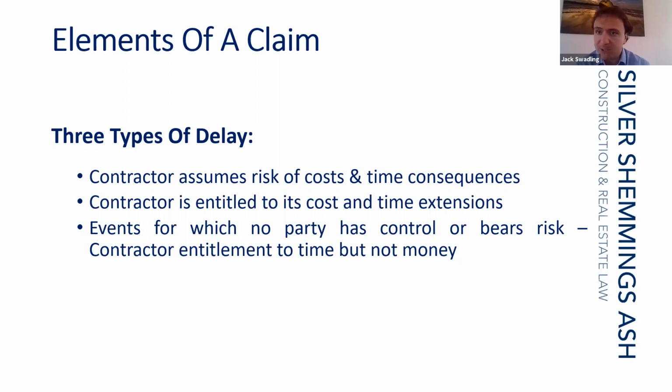Typically these are caused by delay events that are within the employer's control, i.e. when it gives the contractor access to site, or if it instructs any variations to the works. These are things which would typically entitle a contractor to more time and more money, provided they're making those claims properly under the contract.